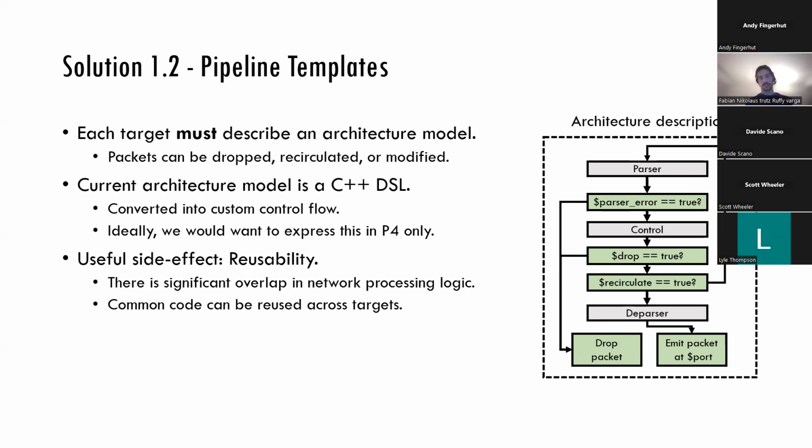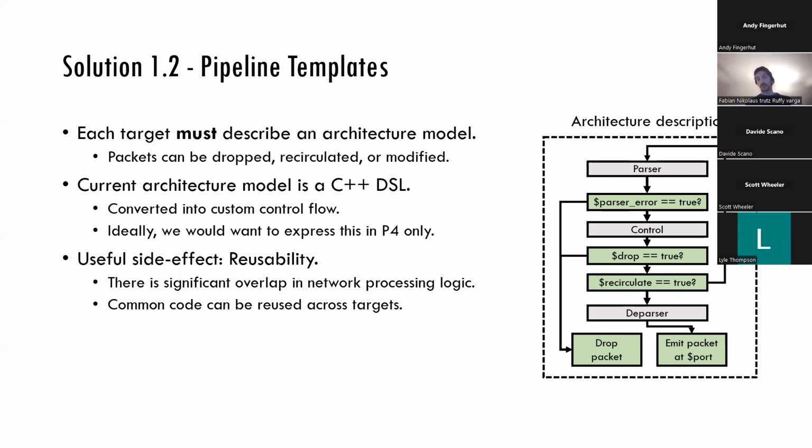So packets can be dropped, recirculated or modified as they go through. Our current architecture model is a specific C++ DSL we use, and then we convert this into our custom control flow. However, we would like to express this in P4 only, and this is something we're working on.